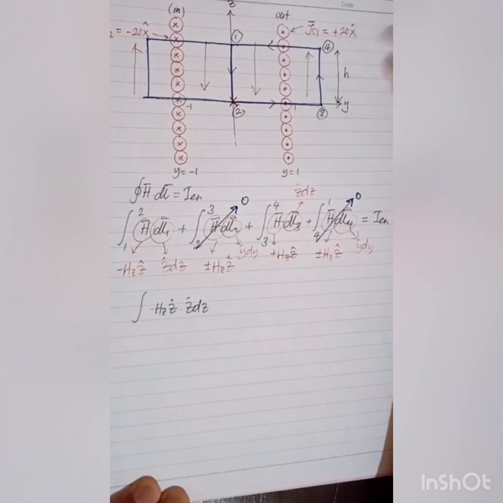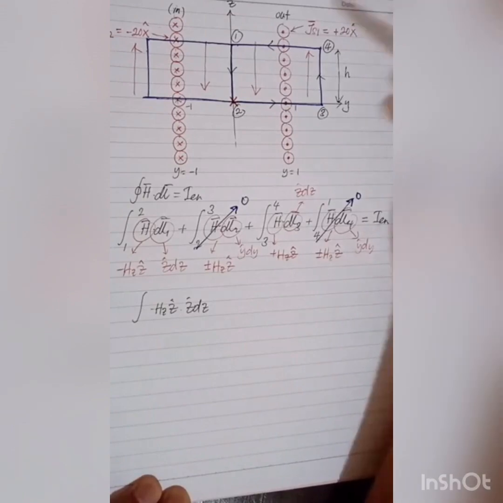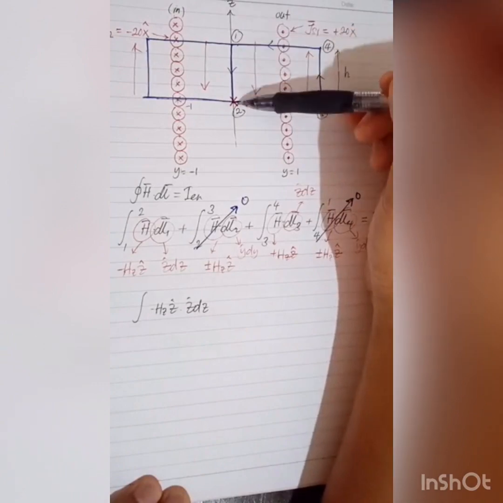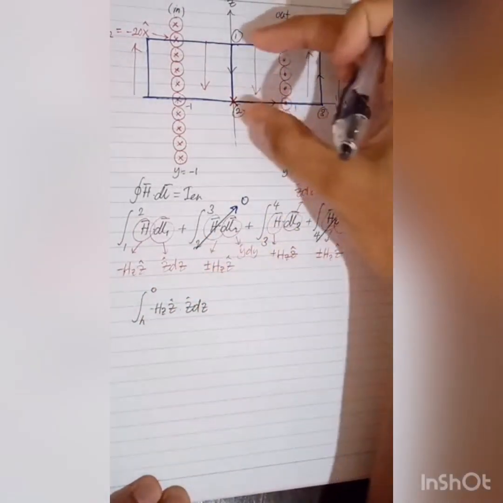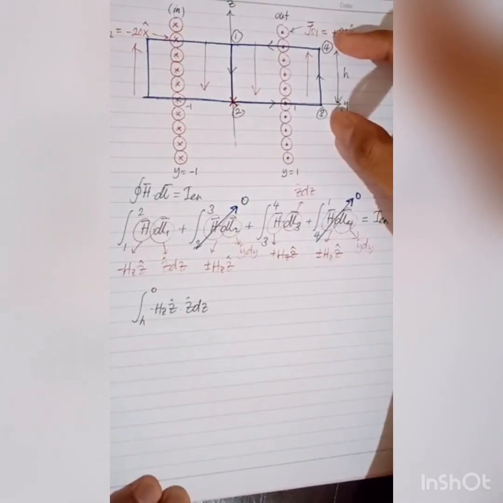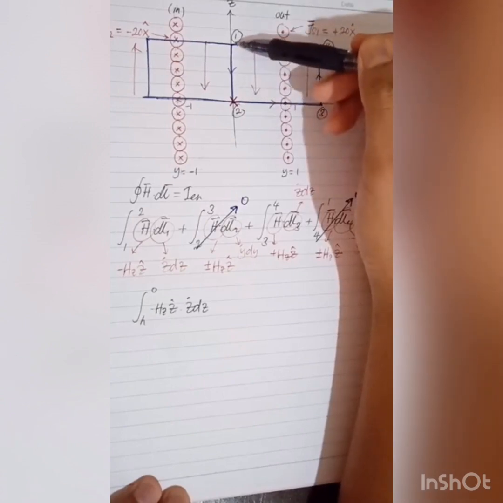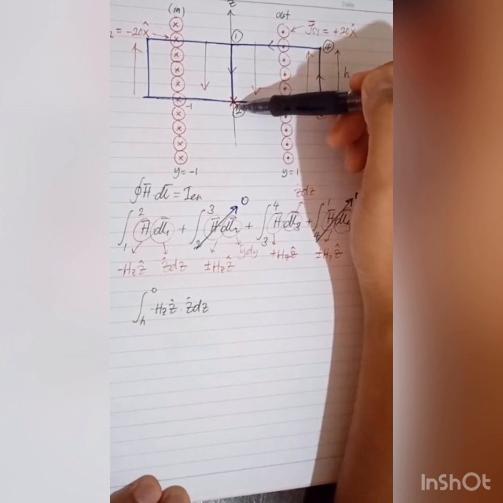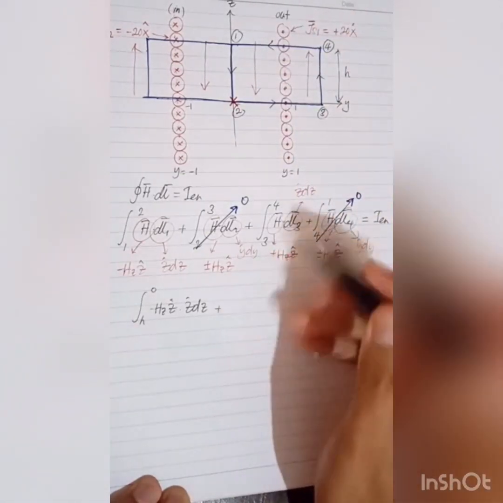Let's look at the directions. Now this point 1 has a height of h, so the limit goes from h to 0, because the height is h. Now the flowing direction is from 1 to 2, and 1 here has h and 2 here is 0, so the limit becomes h to 0.